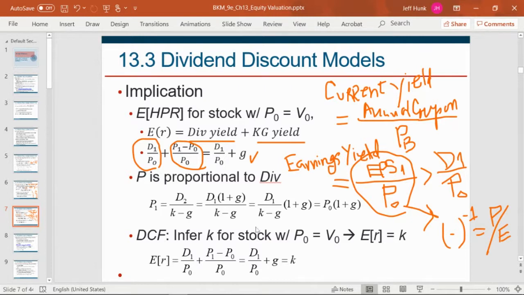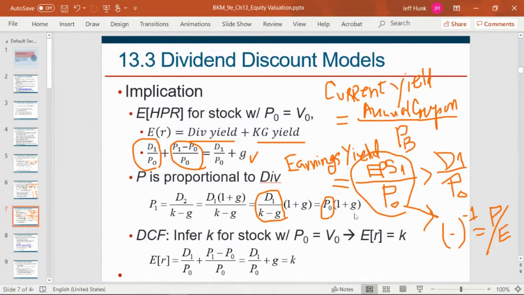So this is the Gordon growth model, and just putting it to price next period and rearranging some terms, what is this? This is exactly P0, right?